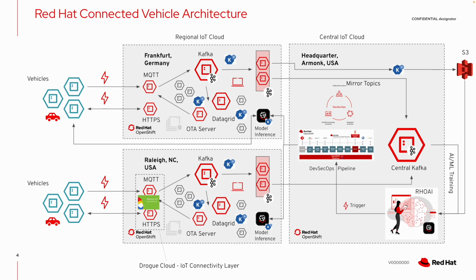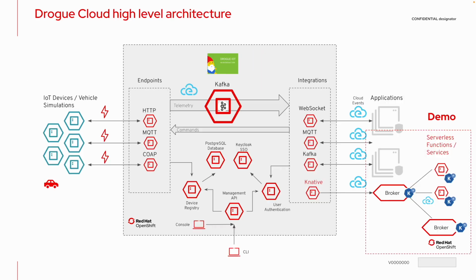In the next slide, let us zoom into the Drogue IoT connectivity stack so you get a better understanding of how this works, and then we jump into the demo part. So, zooming into the Drogue connectivity stack. Again, we have on the left side our vehicles, and on the right side our business applications. The box in the middle is the architecture of Drogue IoT.